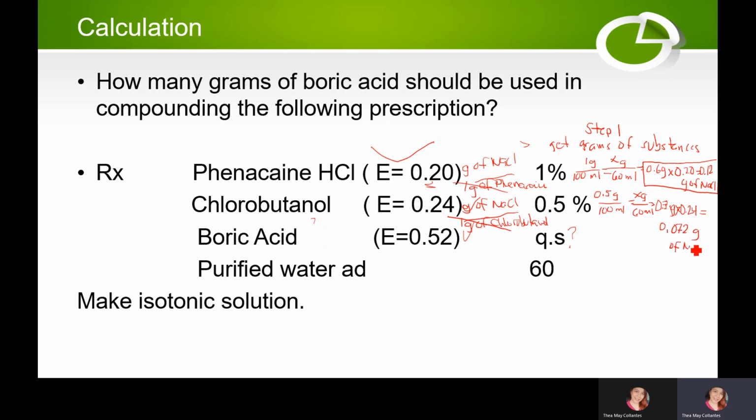Okay, are we good with that? Yes. So now this is your step 1, which is to get the grams of your substances and convert them into NaCl value.